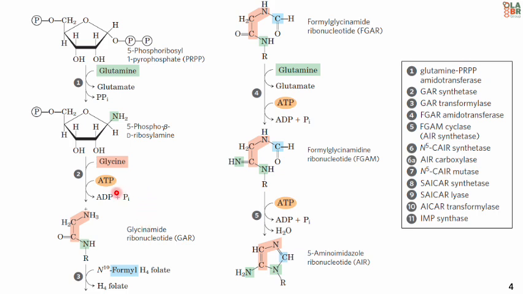And this right here is a condensation reaction. So the added glycine amino group is then formylated by N10-formyltetrahydrofolate. I know that's a mouthful, but that is the next step.